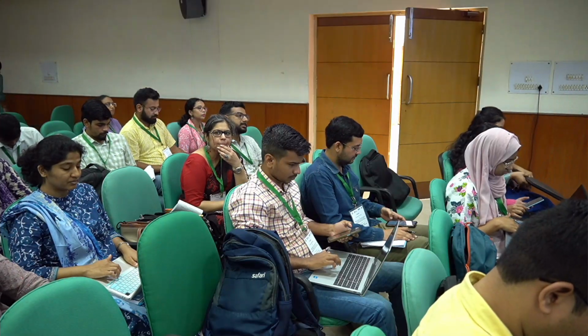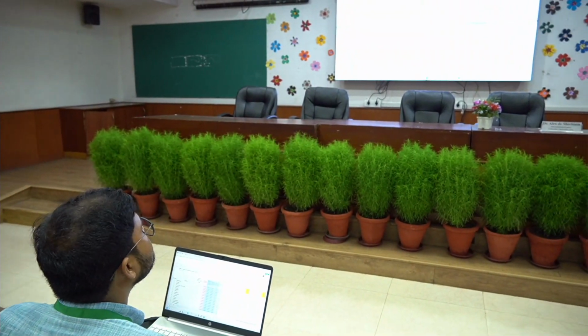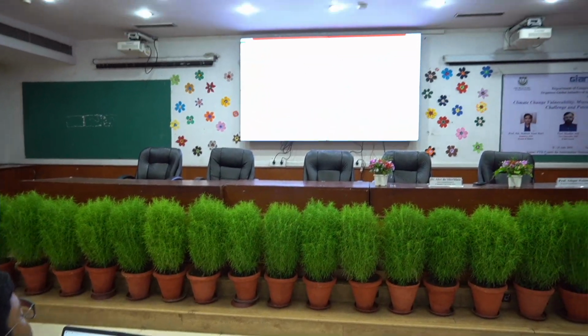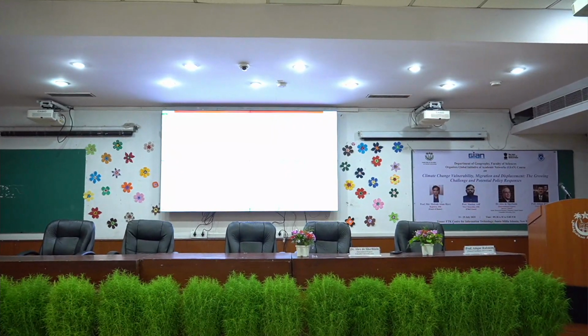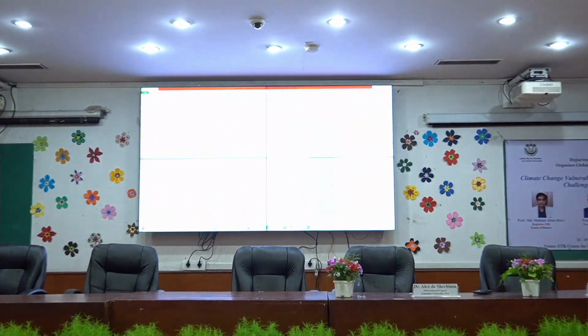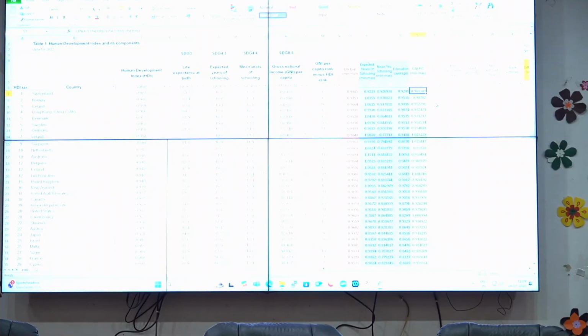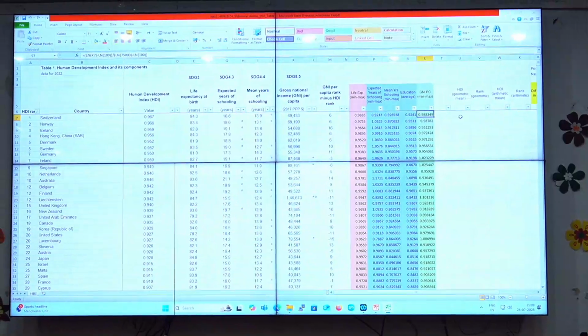I want you to calculate, first of all, the geometric mean of these indicators. There are three indicators from which you need to calculate the geometric mean: life expectancy; education, which is the average of expected years of schooling and mean years of schooling; and finally the GNI, the gross national income per capita.